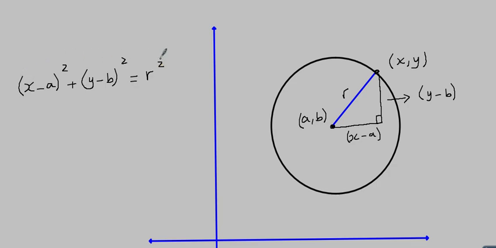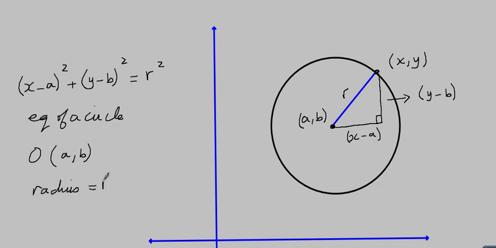So this equation is the equation of a circle, whose center O is at the point whose coordinates are (a, b) and whose radius is equal to r units.